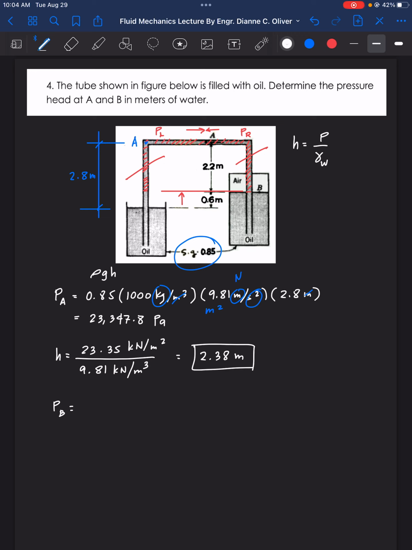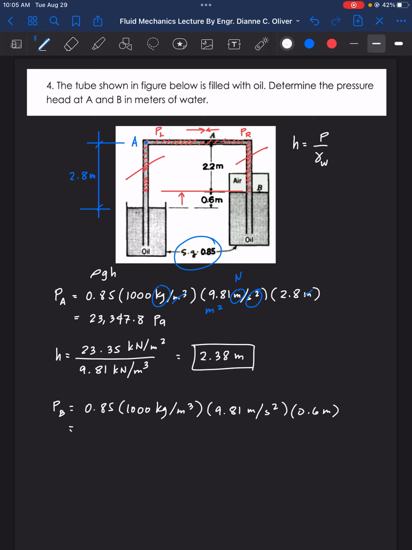Therefore, our pressure here is 0.85 multiplied with 1,000 kilogram per cubic meter for the density of water, then acceleration of gravity 9.81 meter per second squared, and the height of 0.6 meter.